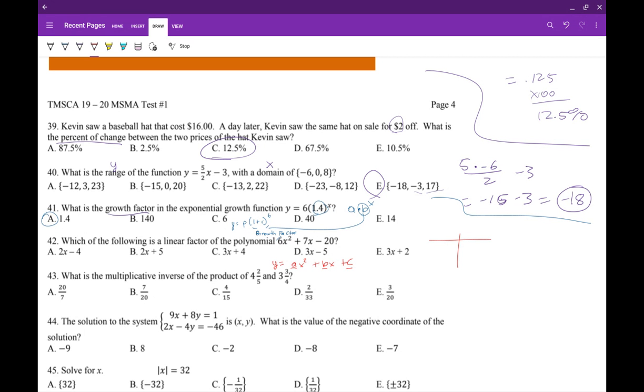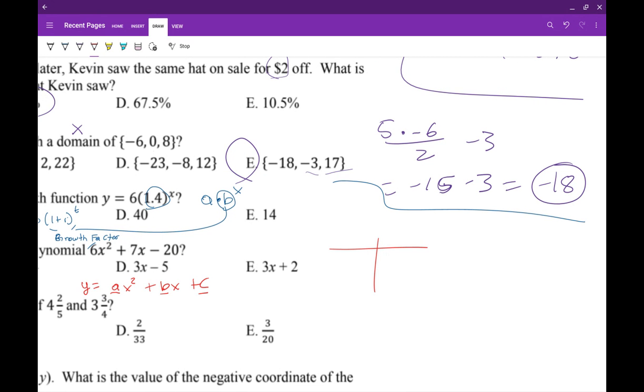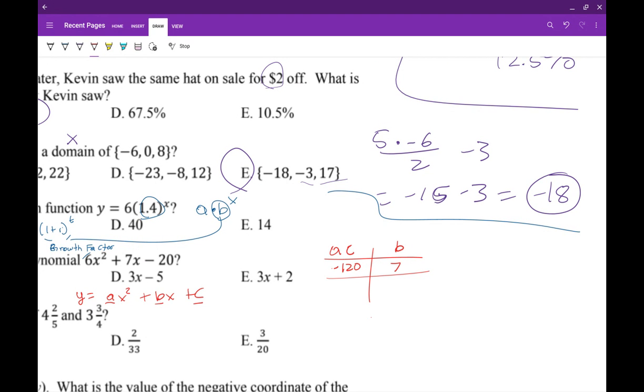So when we factor a quadratic, what we need to remember is that the factors of a times c have to add up to b. The most obvious factors are 12 and -10, but those don't add up to 7. So you just have to play around with the factors until you find something that works out.